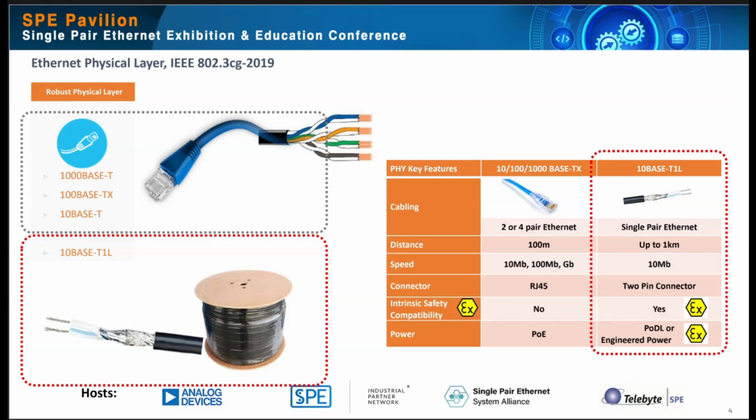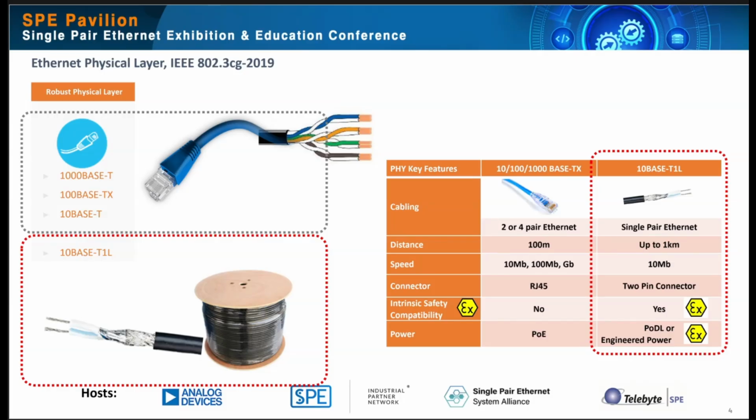So maybe not hugely fast compared to gigabit speeds in a typical IT network, but an order of magnitude faster than you have in an OT network that supports things like RS-485 or 4 to 20 milliamp. The table on the right-hand side distinguishes between the two. You're talking about 100 meters in a standard Ethernet environment versus up to 1 kilometer, or indeed further than 1 kilometer, for 10-base T1L.